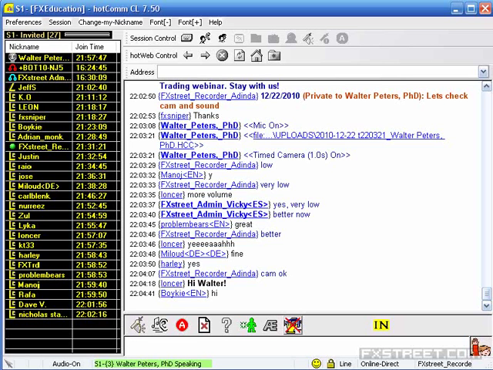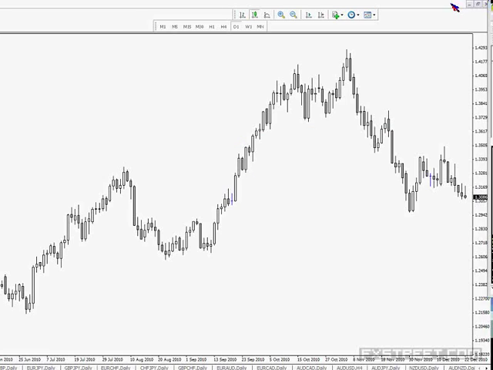So what we're gonna do is take a look at some charts here. Let me drop this chart down. You're looking at the euro right here. I've been getting some questions from people about the naked trading, and whether or not it works on different time frames.